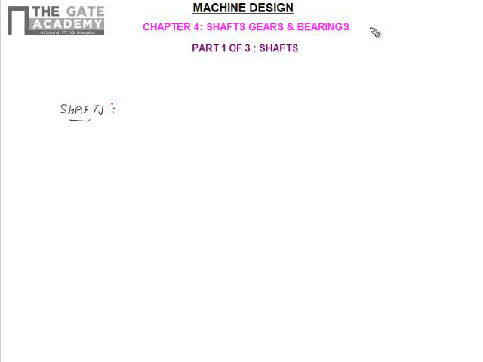The transmission shaft is usually referred to as a rotating machine element, circular in cross section, which supports transmission elements like gears, pulleys, sprockets, etc. and transmits power.